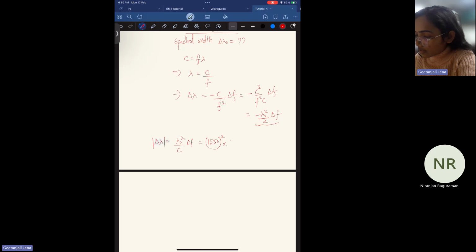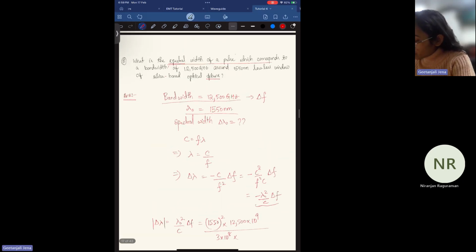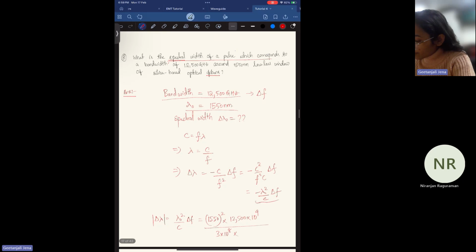Delta F is 12,500 gigahertz, so this is 10 to the 9 hertz, right? And C is 3 into 10 to the 8 meter per second. And lambda 0 square by C.